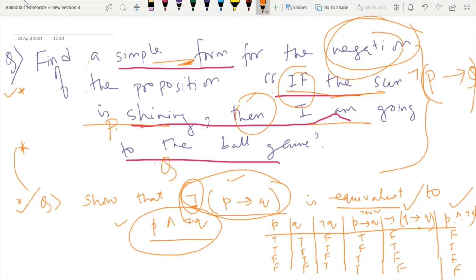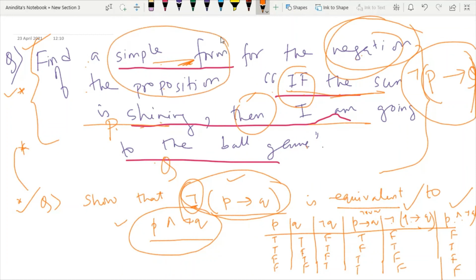So basically, whatever problem is given to us, the actual propositional or actual logical conversion of this statement is not P implies Q. Negation of if the sun is shining, then I am going to the ball game. So we have to find the simple form. We know that right now we have done this.